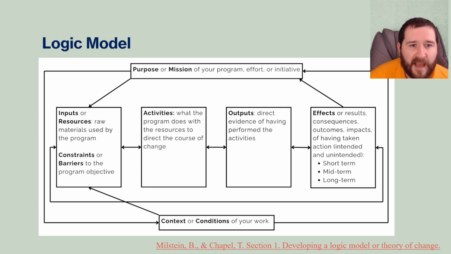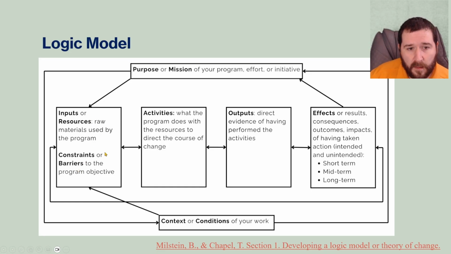You can see at the top, we have our purpose or mission statement. Then we plug in our inputs and resources. These are the things that are going into our program. These inputs and resources might have some constraints or barriers that we have to be mindful of.